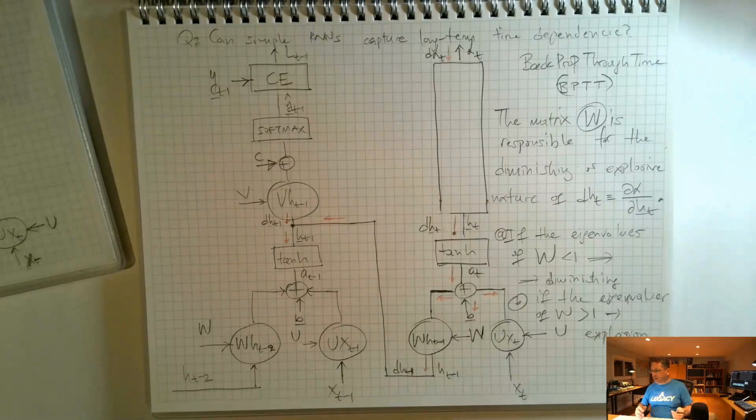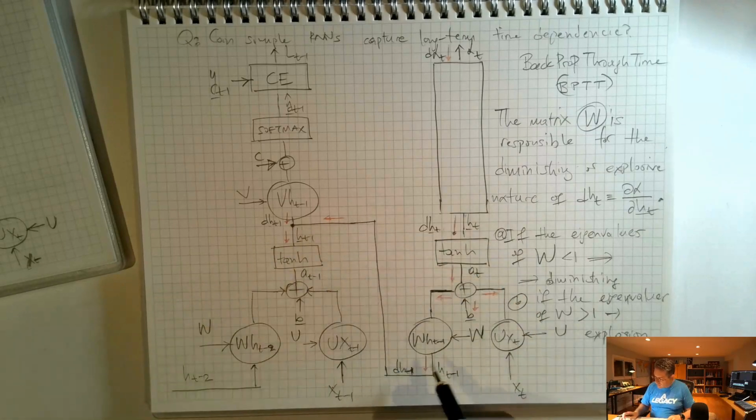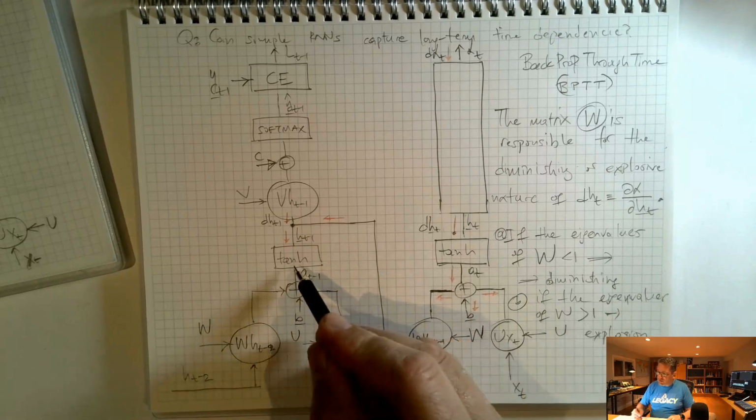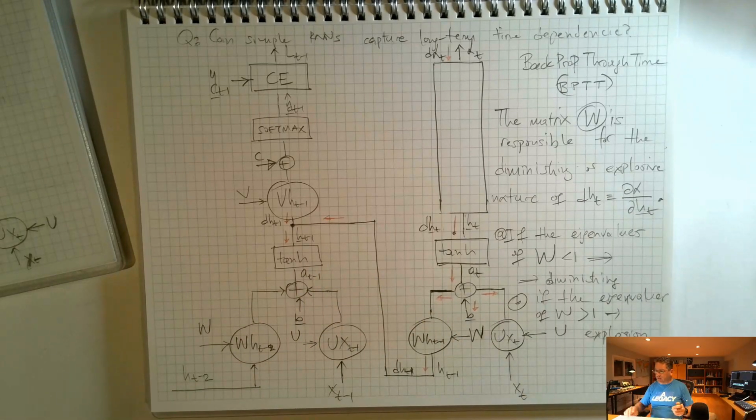So when you hear people saying that RNNs provide some form of memory, then this is the memory. This is this connection between the two instances, and how much gradient flow you can pass back in time heavily determines how much you can remember.